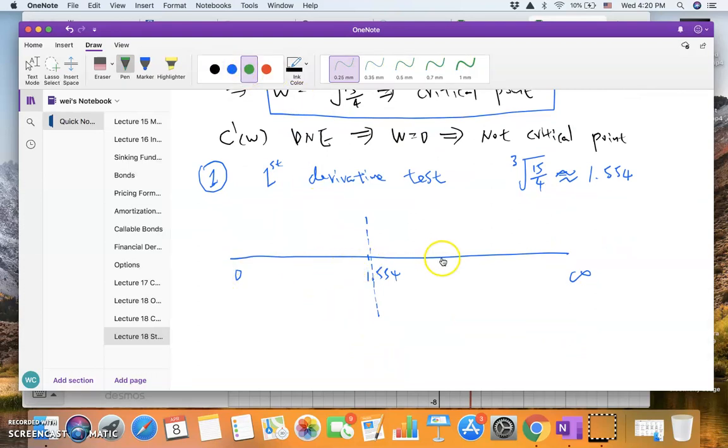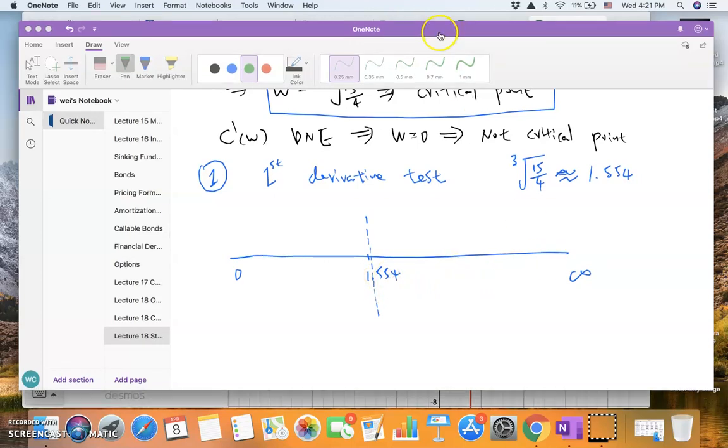So we have two intervals. One is from 0 to 1.554. Another is from 1.554 to infinity.